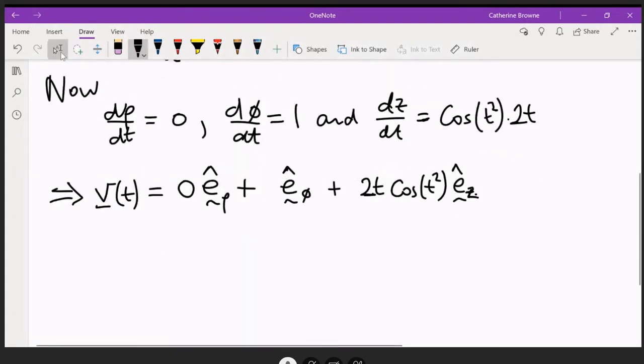And so what I've noticed about that is that in this case, the velocity vector is everywhere tangential to the cylinder or the log.